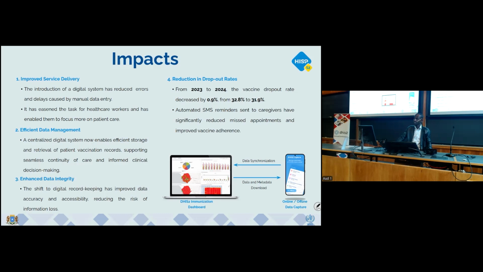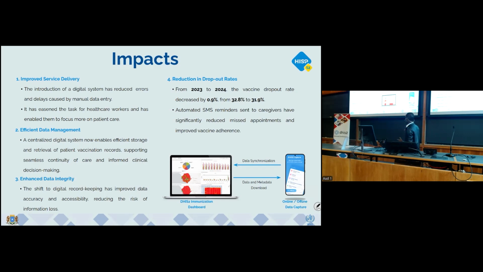But also data integrity, which is one of the key and the biggest goals. By now, because they are shifting to digital record keeping, it has really improved the accuracy of the data, accessibility, and even reduced the risk of information loss.